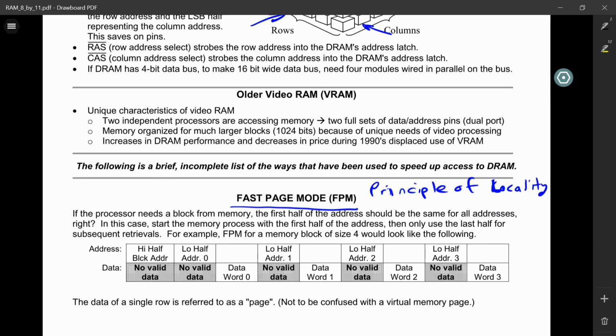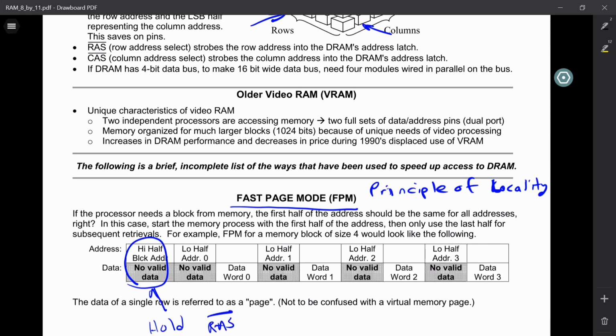So by doing that, what we can do is send the high half of the address, the row address, to our memory, and say, can you hold on to that for a moment, because I'm going to ask you to reference it again. And so that high address is held, and that's done, remember, with the RAS signal.